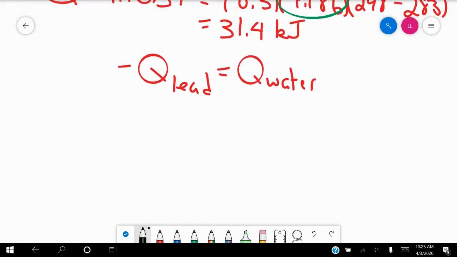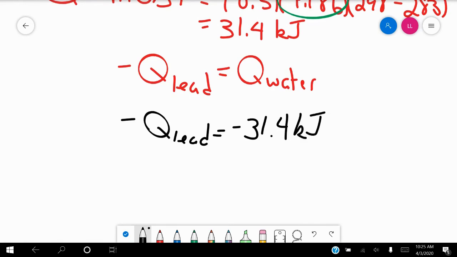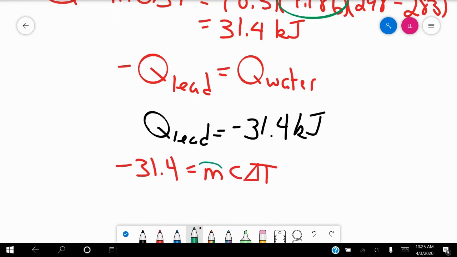So now we can simply solve and say that the heat lost by the lead was negative 31.4 kilojoules. In fact, we don't even need the negative sign. So now we're going to set this negative 31.4 equal to our mC delta T, and we're going to solve for m.